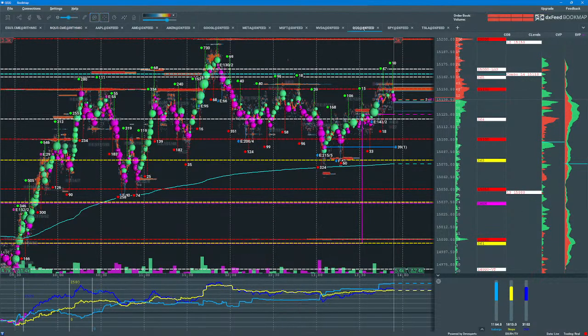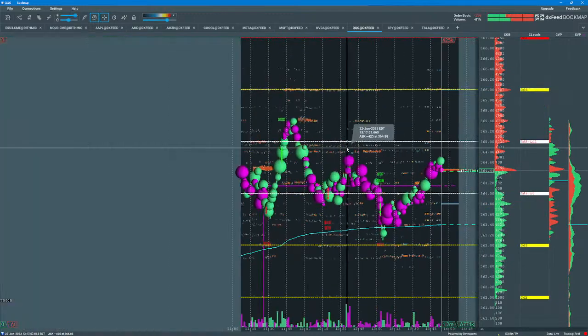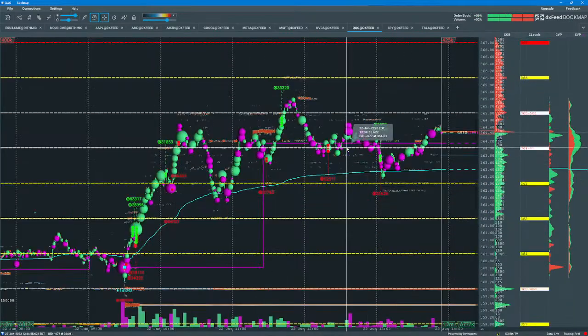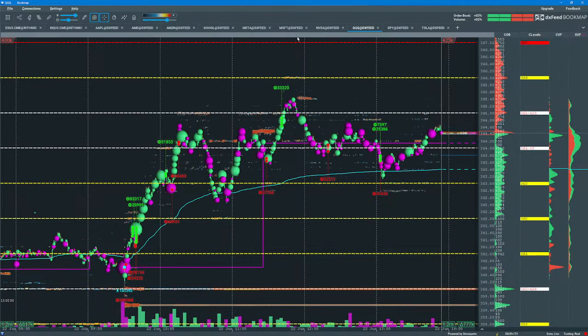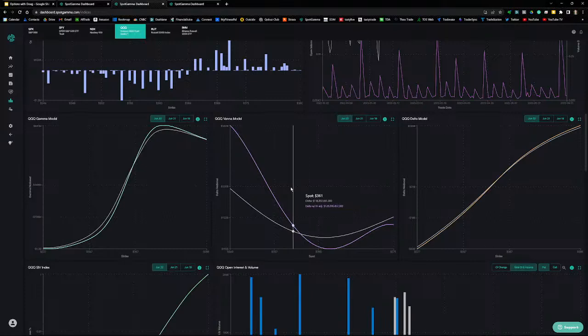We'll take a look at QQQ here. So QQQ at the low today was just above the 360 absolute gamma strike.